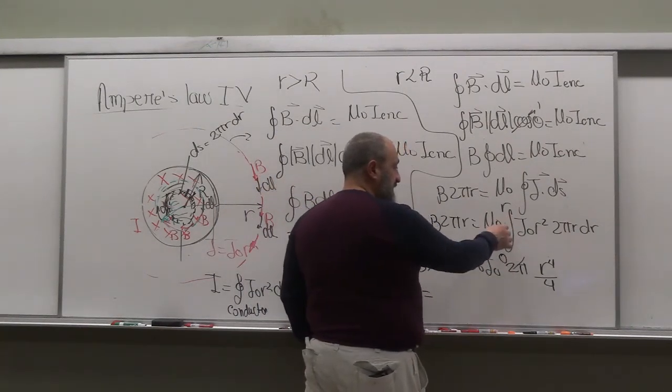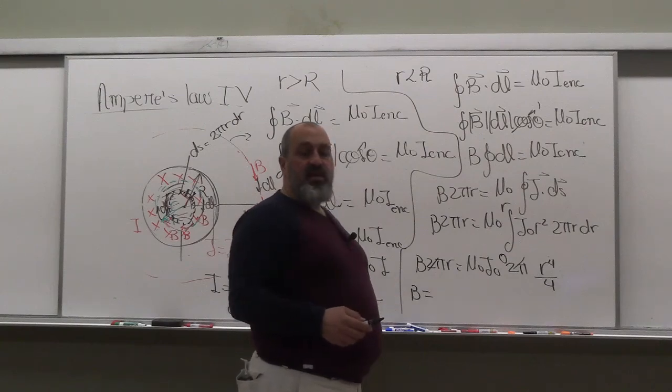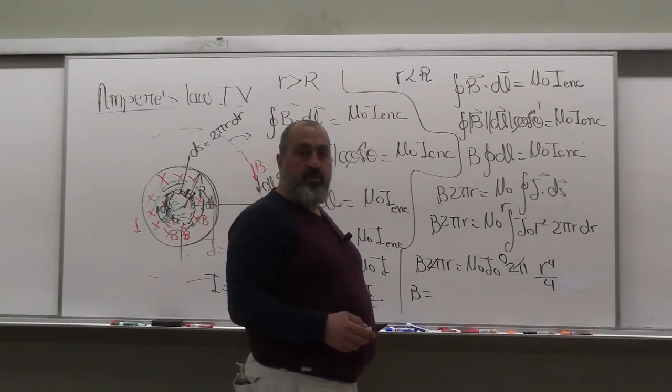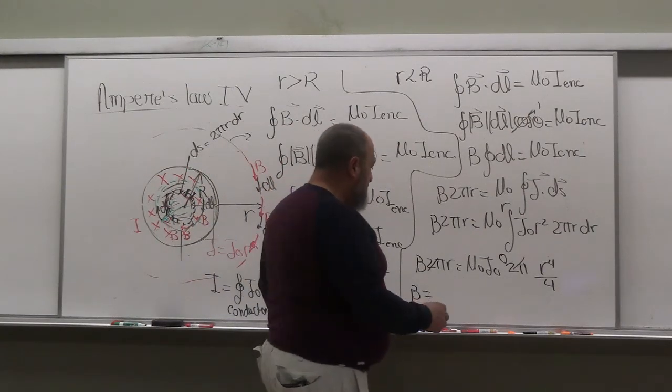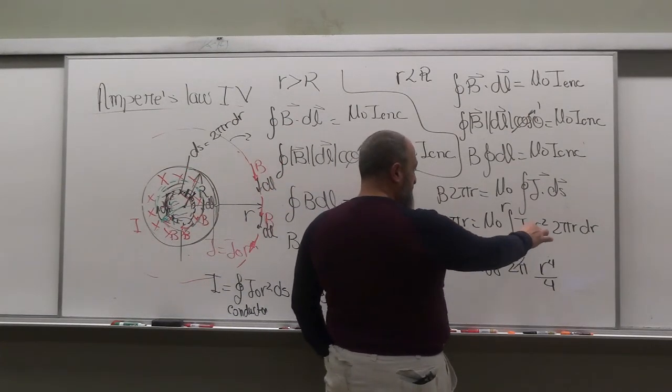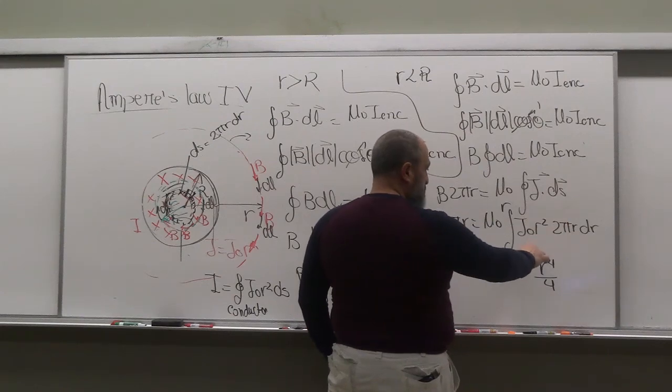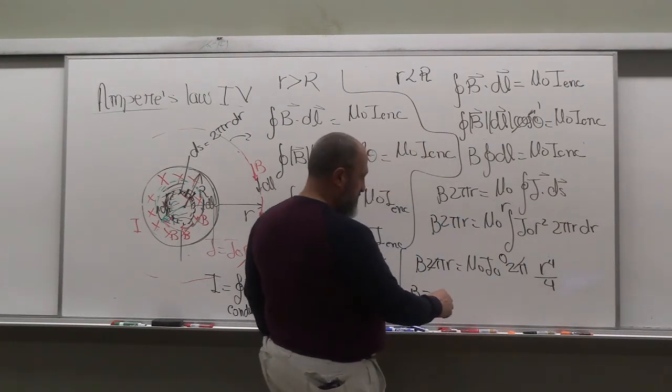It's good that I made that mistake so you can catch yourself doing that as well. Again, we're trying to find the current enclosed in the Amperian loop, so from 0 to little r. I made the very mistake that I told you not to make. So this is going to give me 2 pi r to the 4 over 4. That looks good.